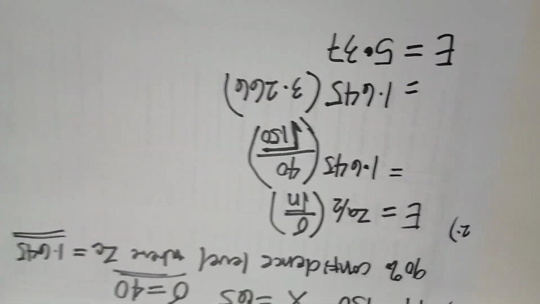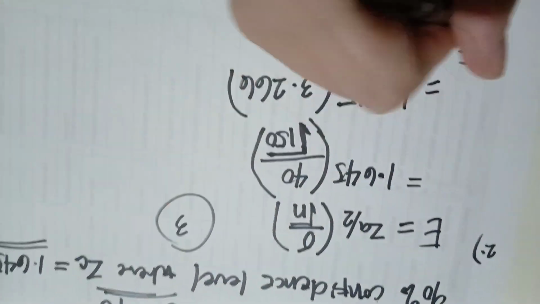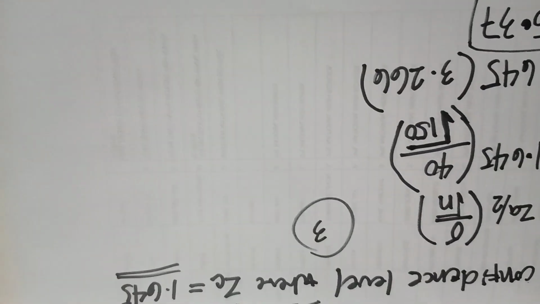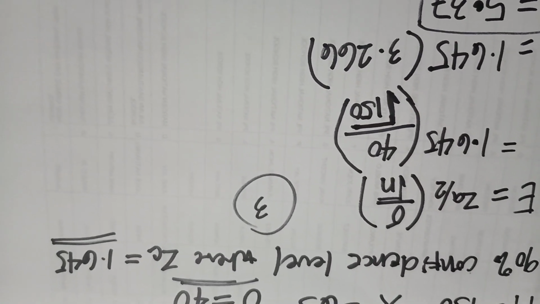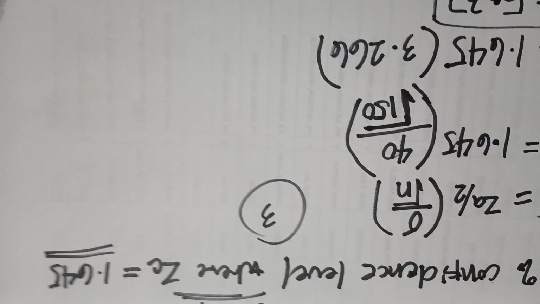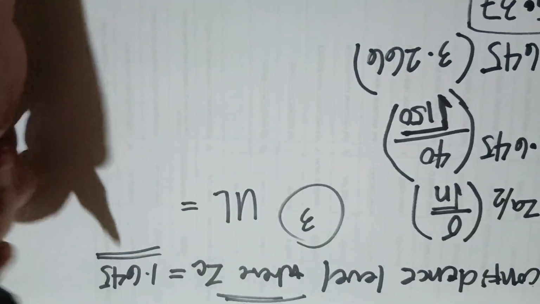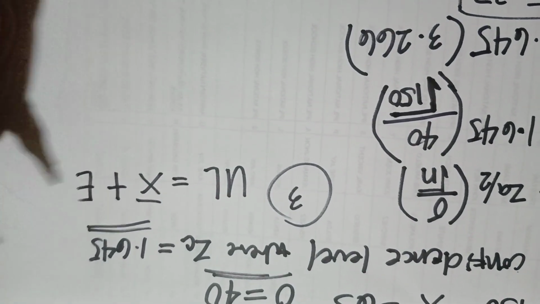Next, step 3. This is your margin of error. We have to compute the upper limit and the lower limit to get the length of the confidence interval. The upper limit is the sum of the sample mean and the margin of error.